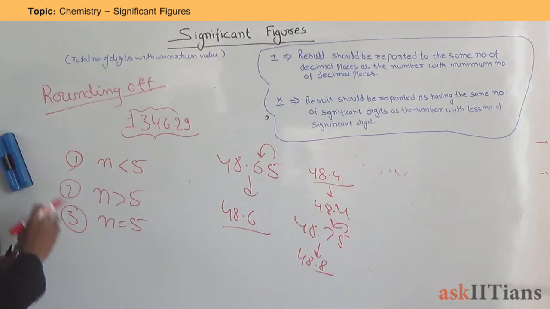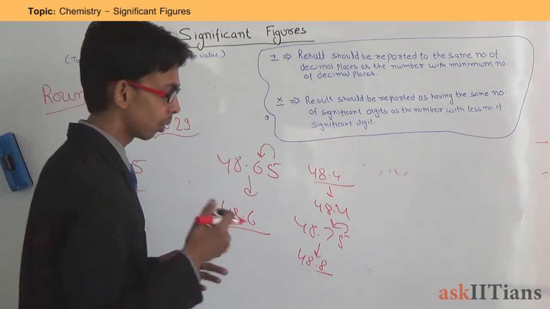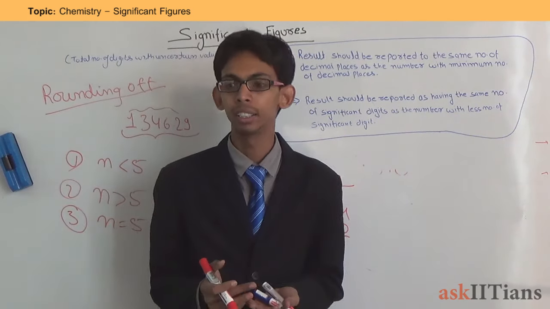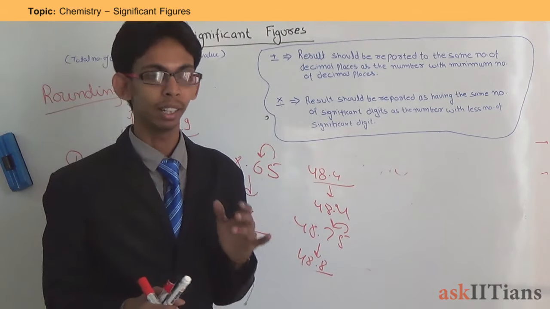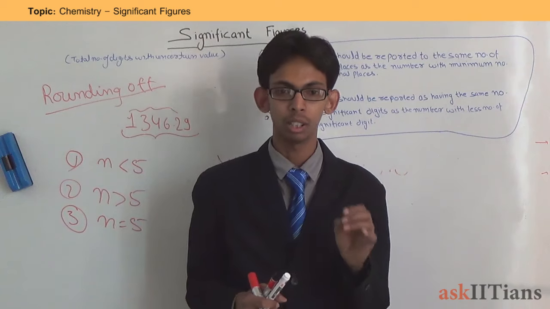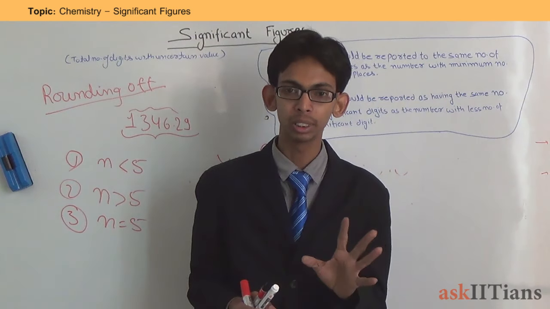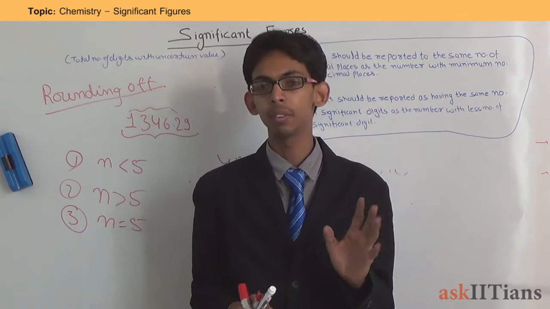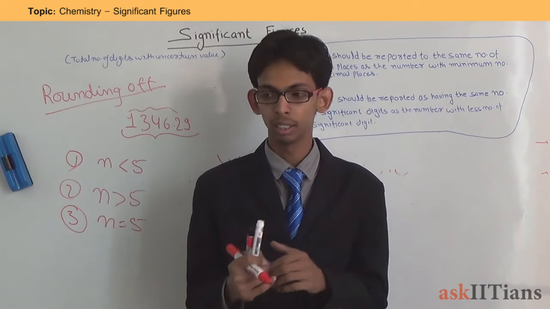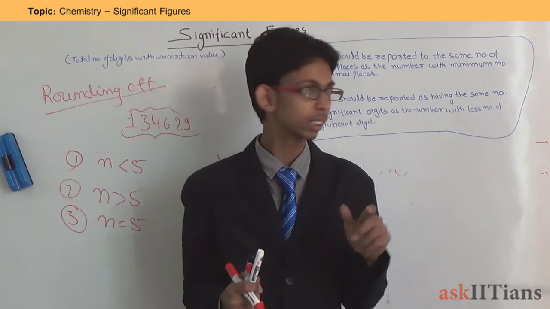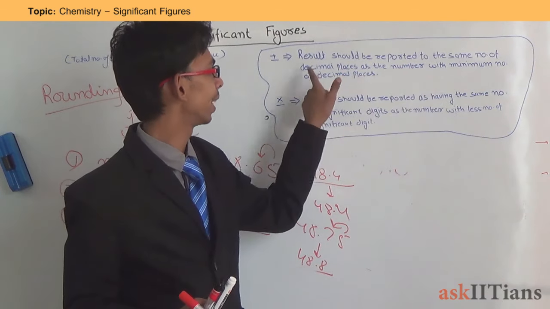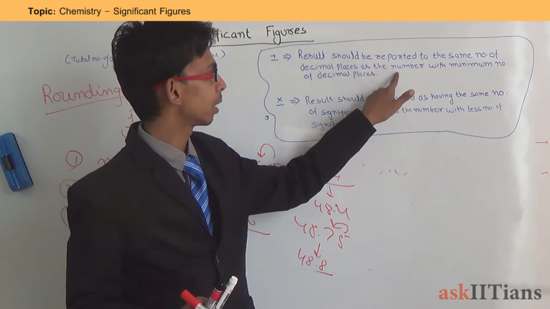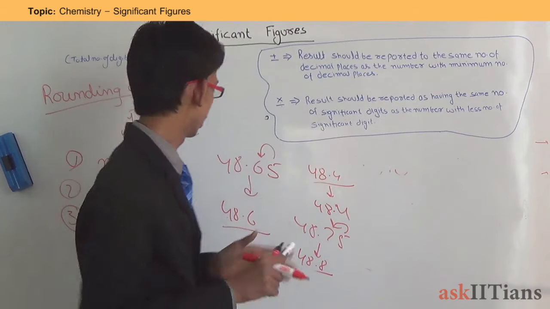Now, why do we need to round off significant digits? Why do we need to round off? Because in mathematical calculation there are certain rules according to which whenever we add or subtract two numbers, the result should be reported to the same number of decimal places as the number with the minimum number of decimal places.